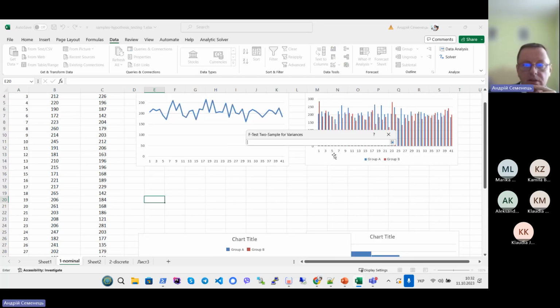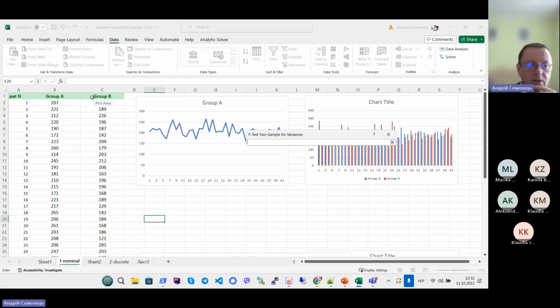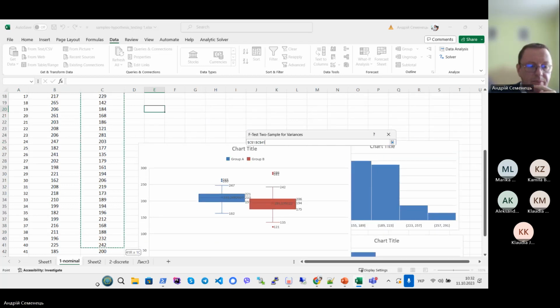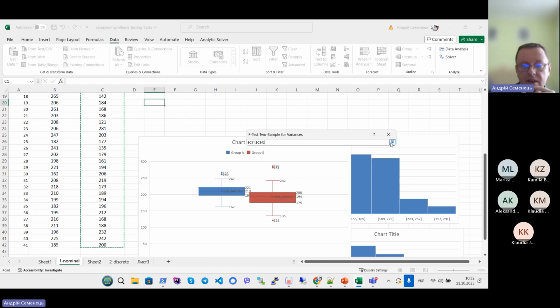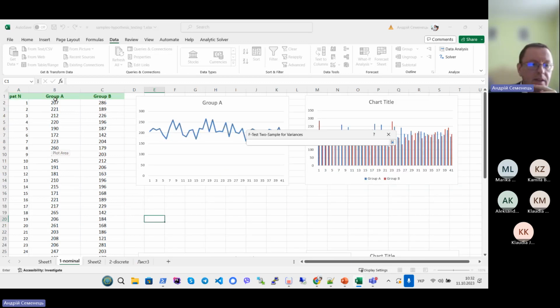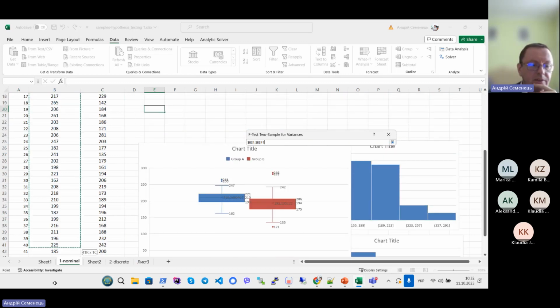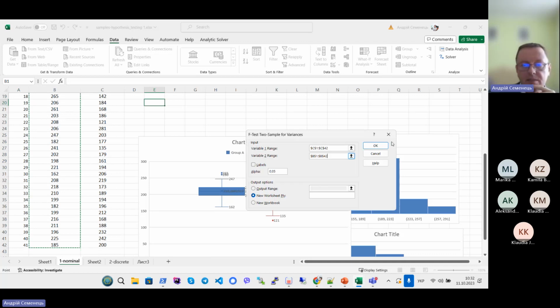First of all, you have to use the second group first, because for the Fisher test we always divide the greatest variance by the smallest. So first must be the sample which has the greatest variance. And output, okay, new worksheet.